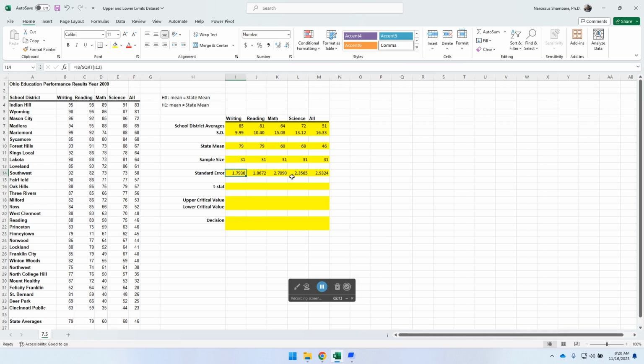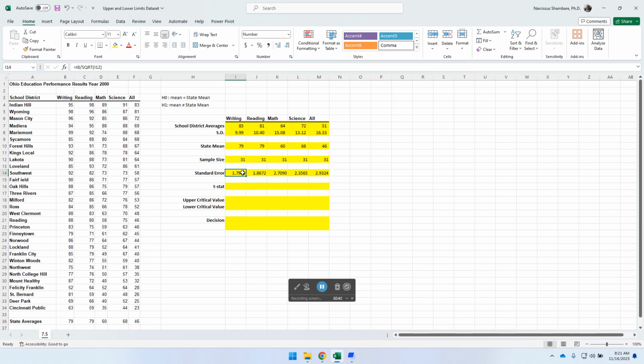Then I calculated the standard error, which will be needed to calculate the t-statistic. But what is standard error? It's a fairly straightforward formula, and you need to know what it means. It's based on the standard deviation: the standard deviation divided by the square root of the sample size gives us the standard error.